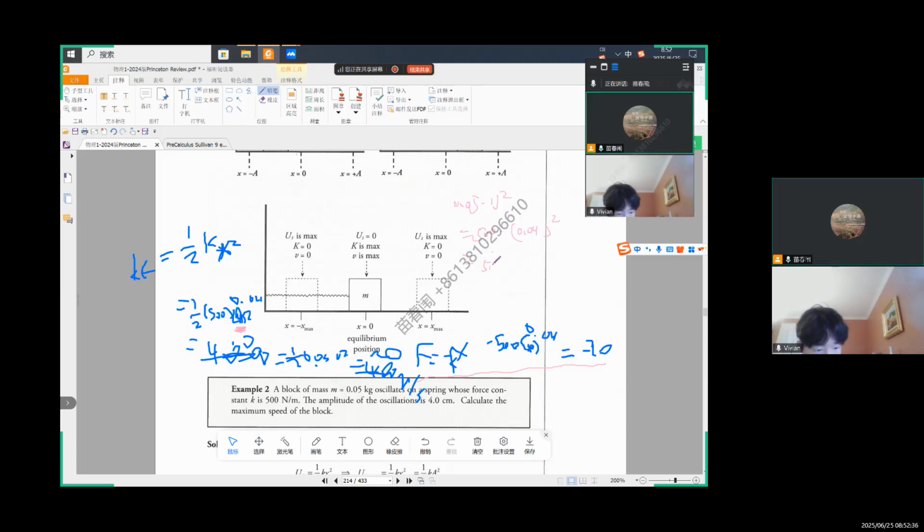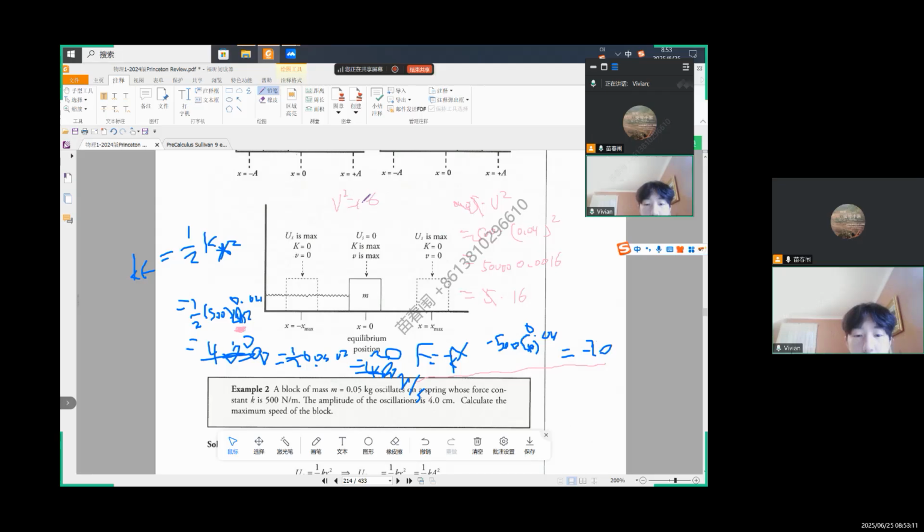So this is 500 times 0.0016. So it's 500, let's say I times it by 100 here, so it's 5 times 16 divided by 5. Wait, I think v squared is 16, which means v is 4. V is 4?